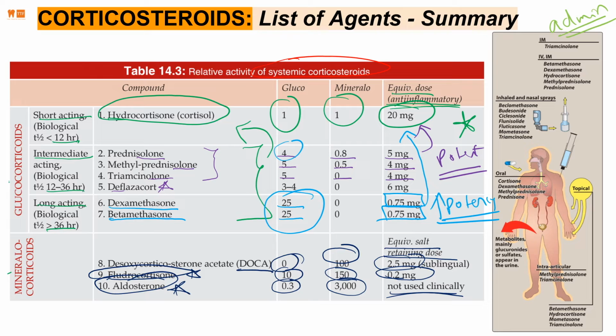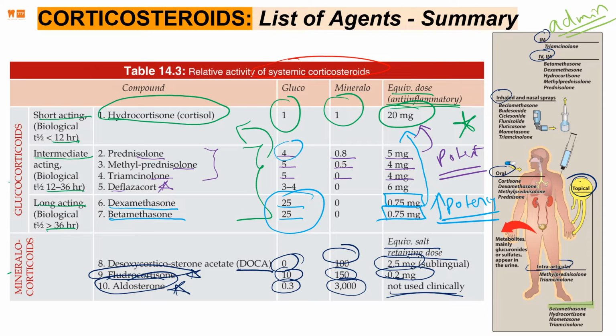It's also important to note, guys, that corticosteroids can be given IM, IV, nasal, inhaled, orally, intra-articularly, and topically as well. So there are different drugs in question here. I'll just highlight a couple for us to know.